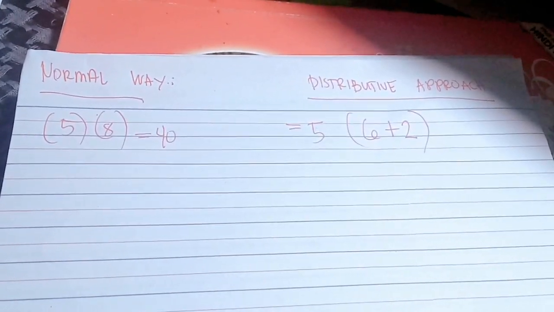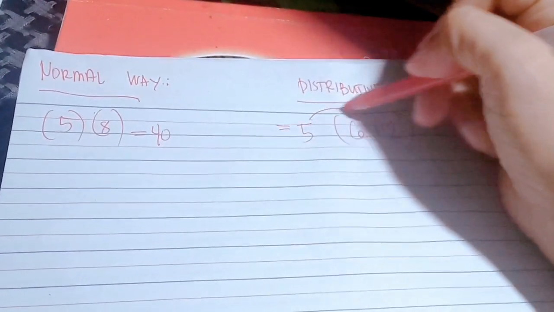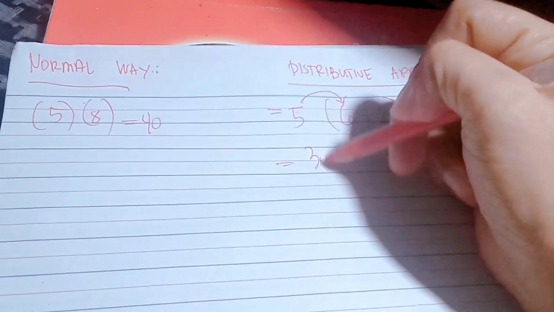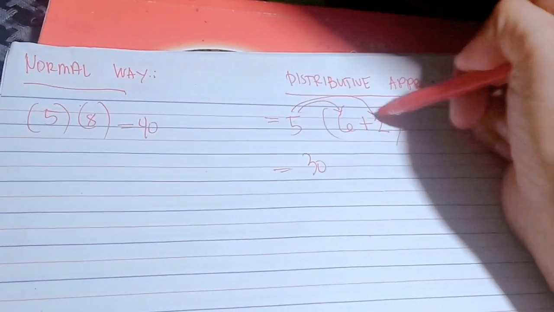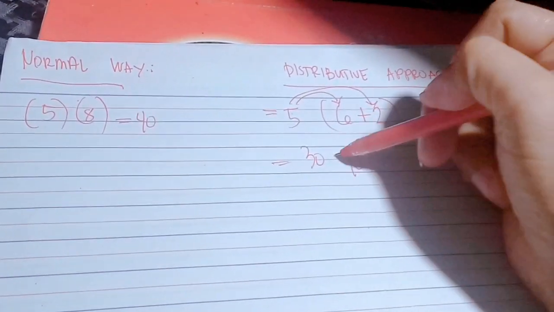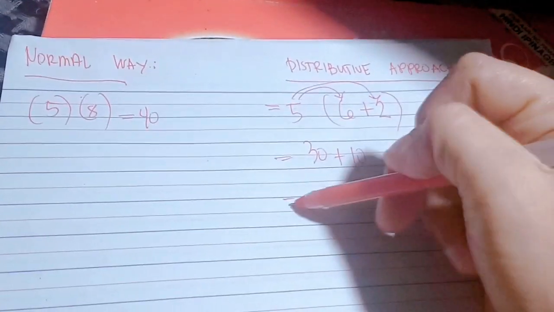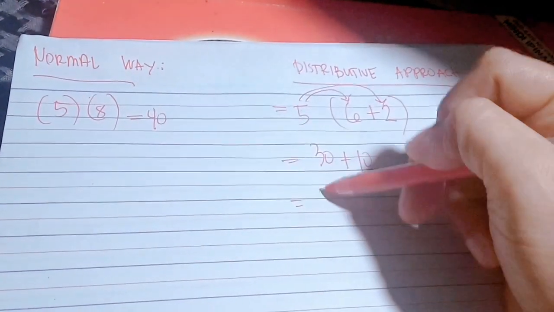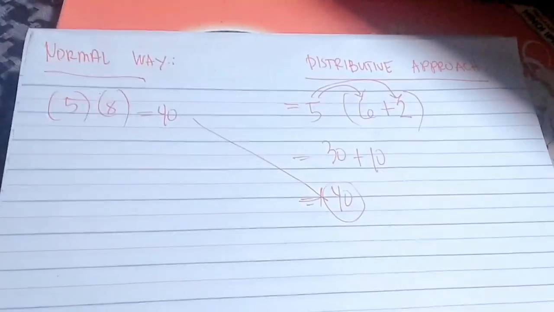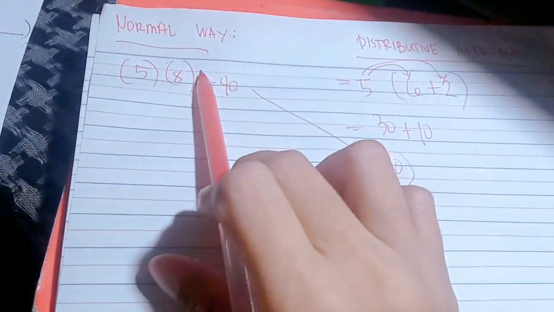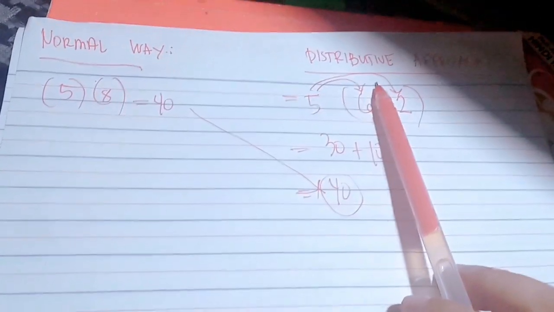Then, saka natin i-distribute. So, 5 times 6 is 30. Then, 5 times 2 is 10. Then, isulat natin ang plus. So, 30 plus 10 is 40. So, same lang ang kanilang sagot. So, ito yung normal way at saka ito yung distributive approach.